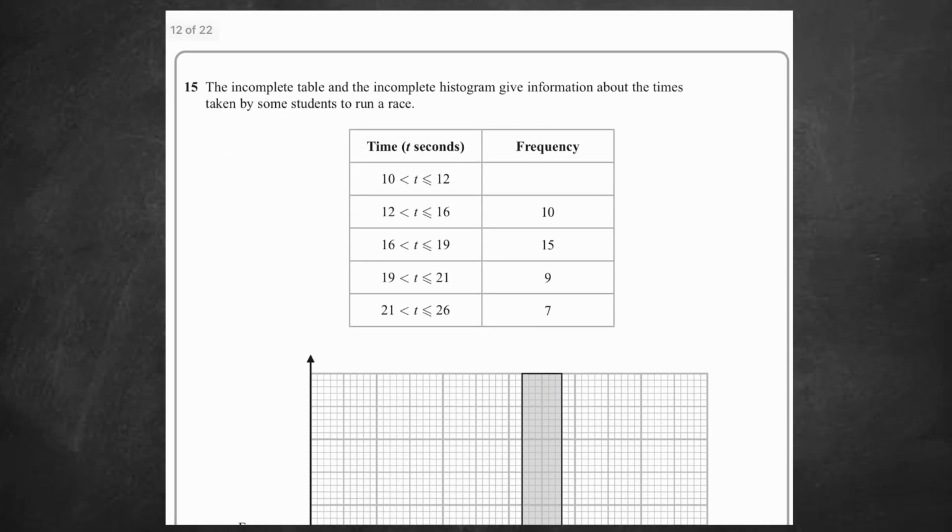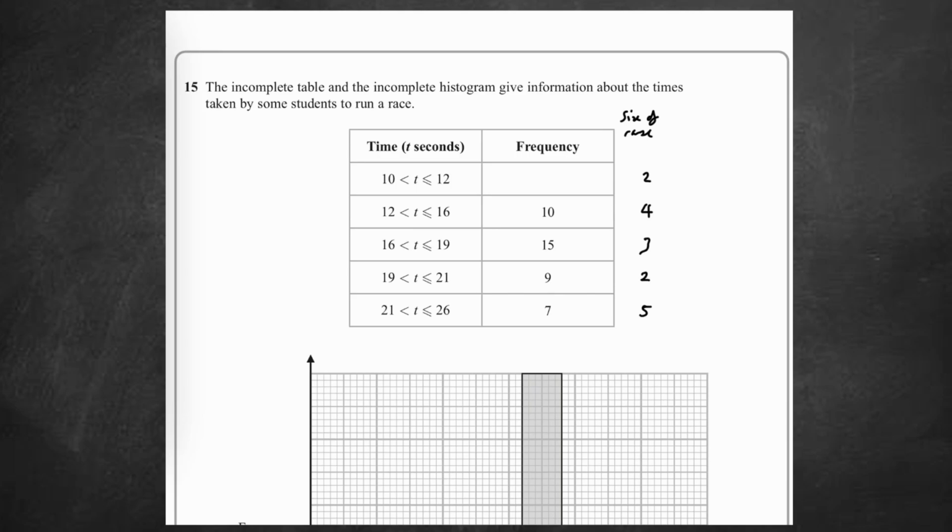So what I'm going to do here, as the graph is in frequency density, I need to convert our figures up here to that. So I'm going to say the size of the range is going to be 2 here, 10 to 12, 4 here, 12 to 16, 3 here, 2 here, and 5 here.